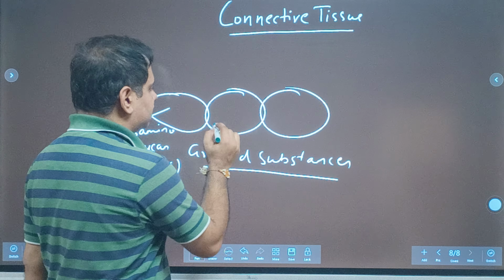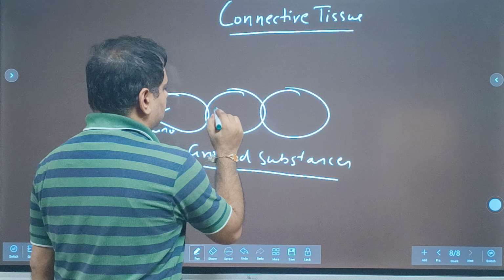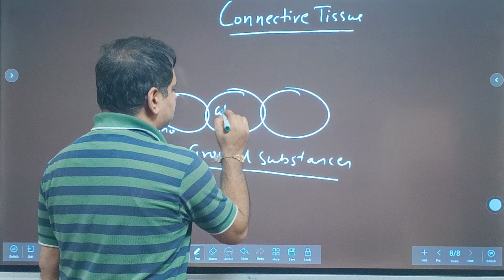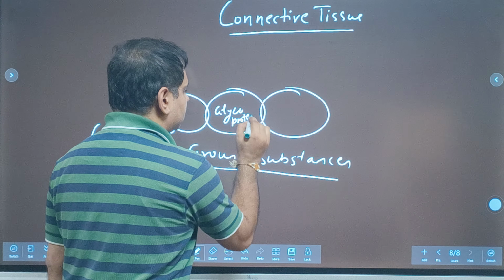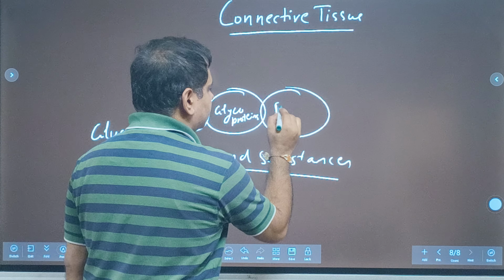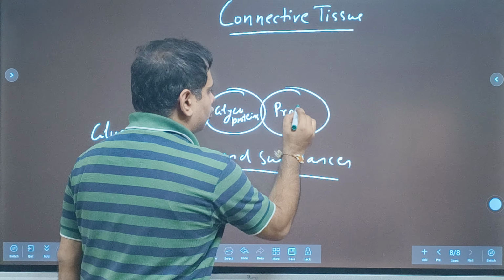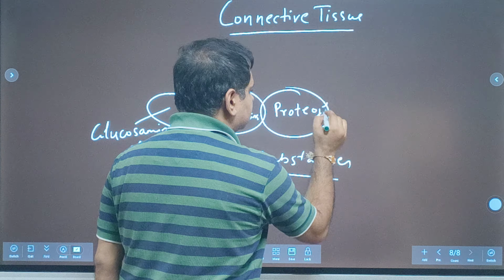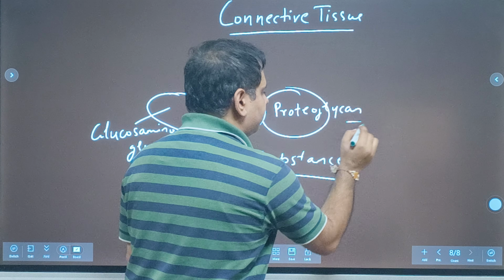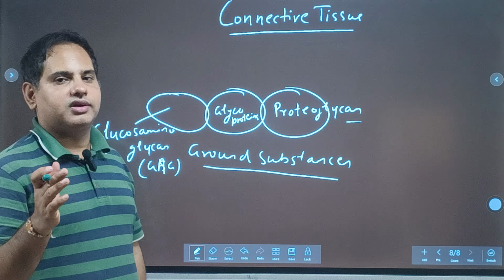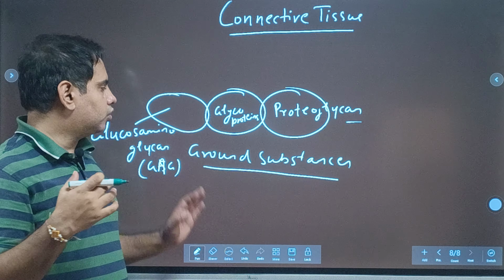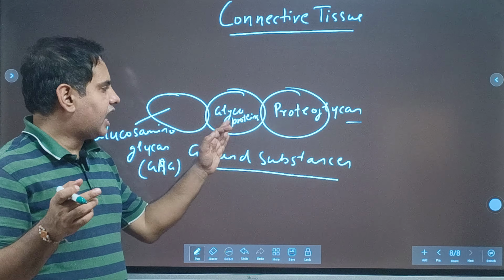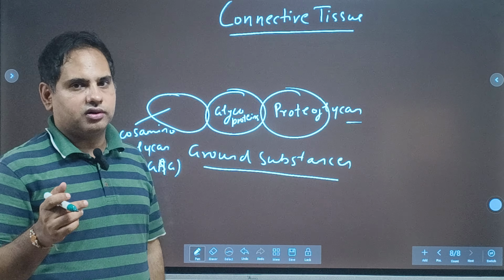Another ground substance is glycoproteins. Another is proteoglycans. These three we call ground substances. So connective tissue is made up of ground substances which contain glucosaminoglycan, glycoproteins and proteoglycan.